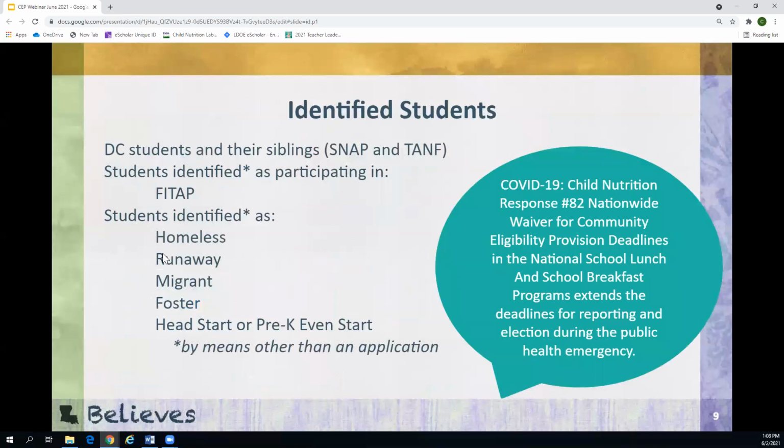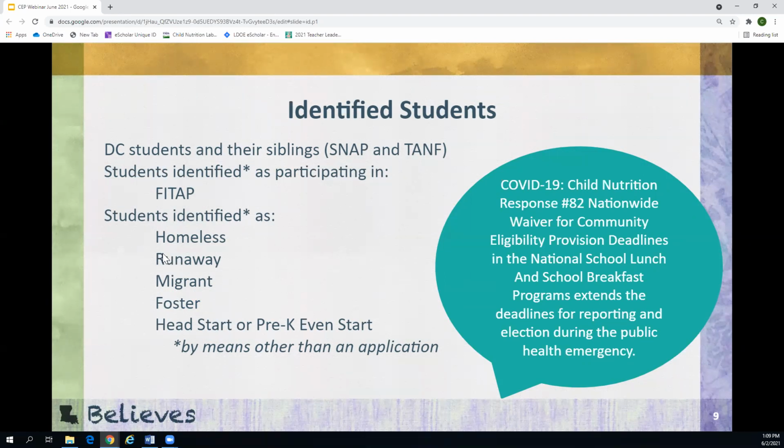So the identified students, these are the students that you have identified as eligible for free meals as a result of some other means other than an application. And so these are typically our direct certification students and their siblings that are identified through SNAP and also through TANF.